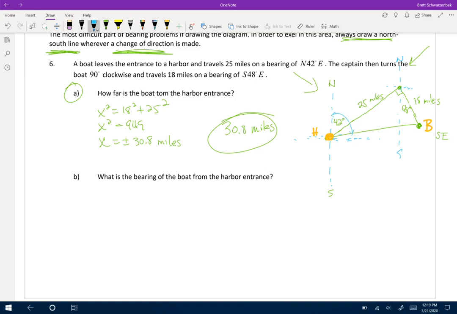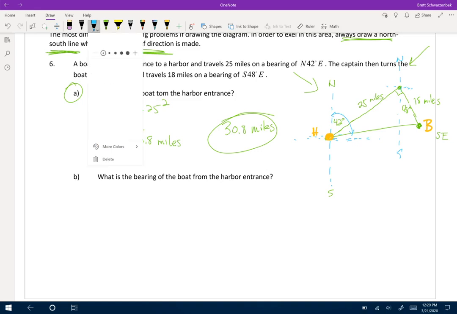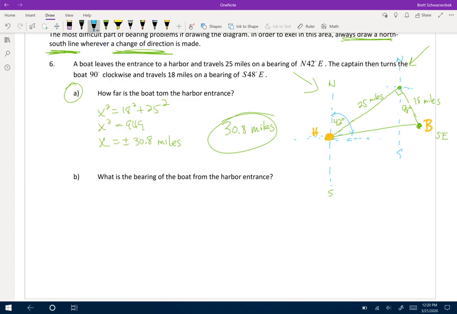Why is that? Well, you basically have to eliminate the triangle itself. If I quickly redraw this, I have my north-south line right here, and then I made the little northeast line, and this is the harbor right here, and this is the boat.